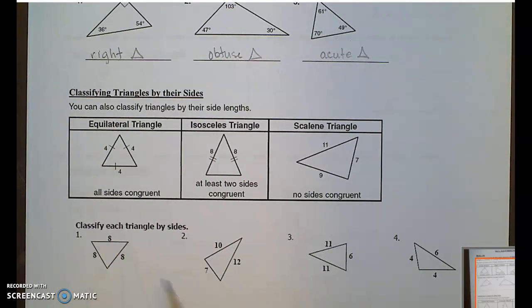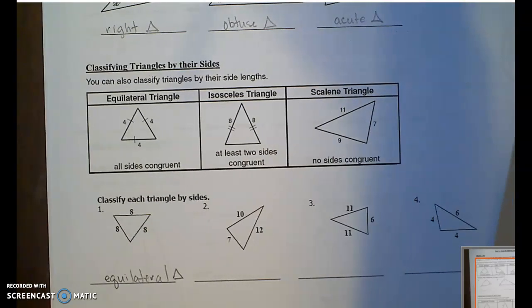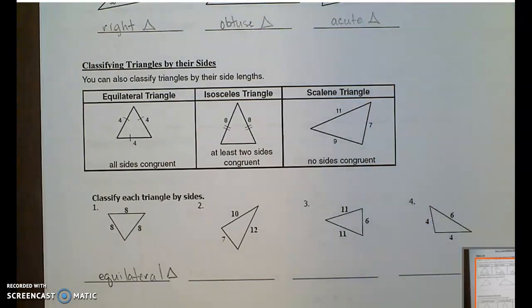Here we see all three sides are the same, so we're going to call that an equilateral triangle. We have this next triangle, since all sides are different, it is going to be called a scalene triangle.